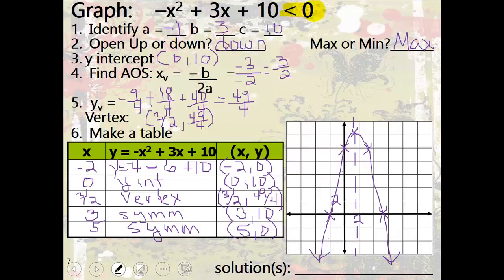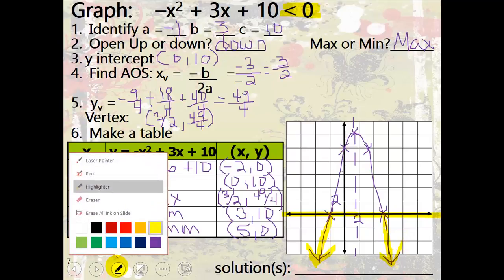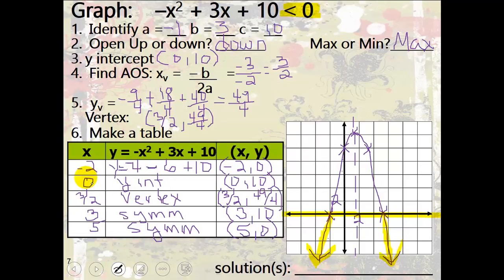Here's my x-axis. This is going to be in two pieces. This ordered pair is -2, 0, and this ordered pair is 5, 0.